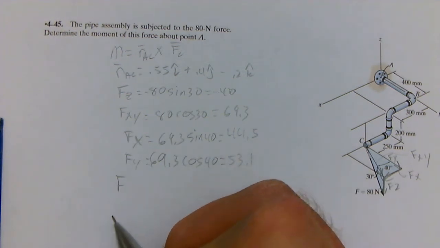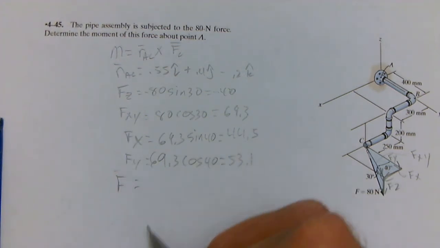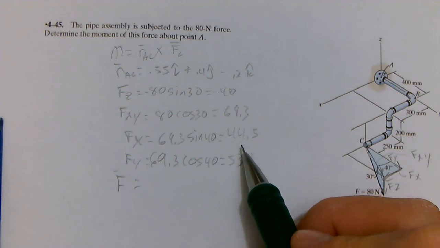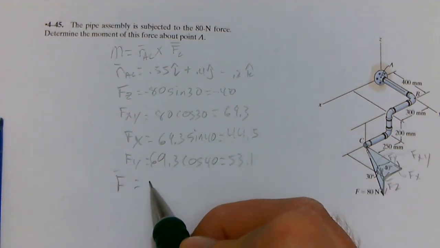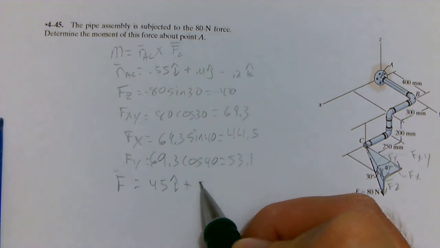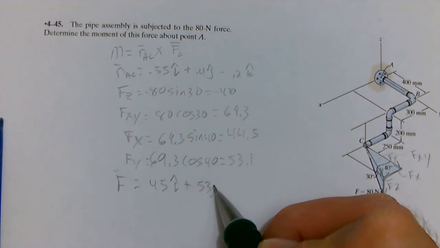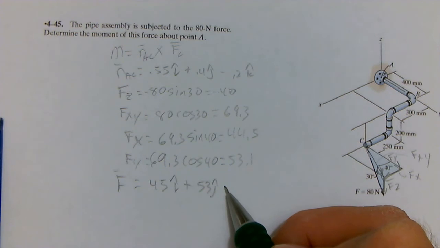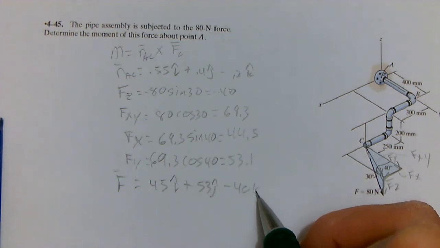So F is equal to 44, we'll round that up to 45, 45 in the I, plus 53 in the J, we'll cut out the 0.1, minus 40 in the K.